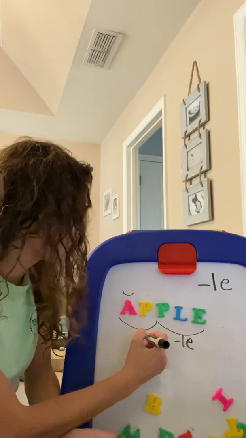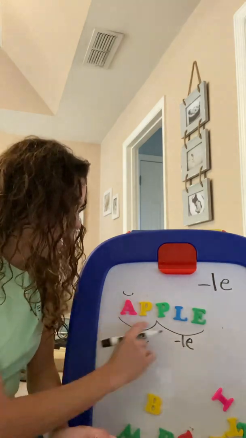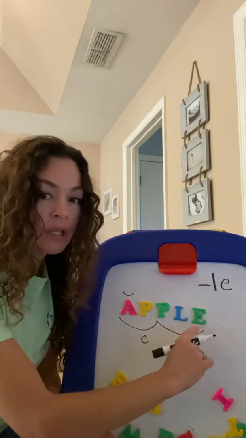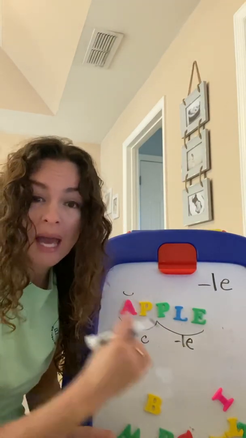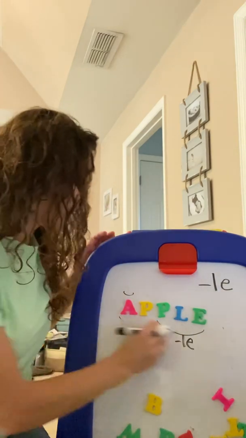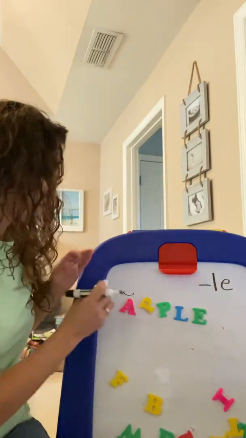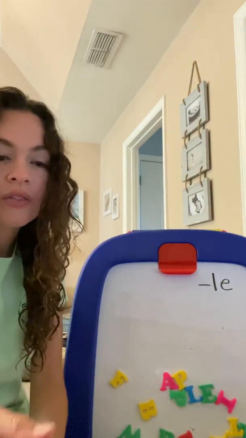Now I can read it correctly. Closed, consonant L-E. Apple. If I break it in pieces, I even hear that P is doubled. Apple.